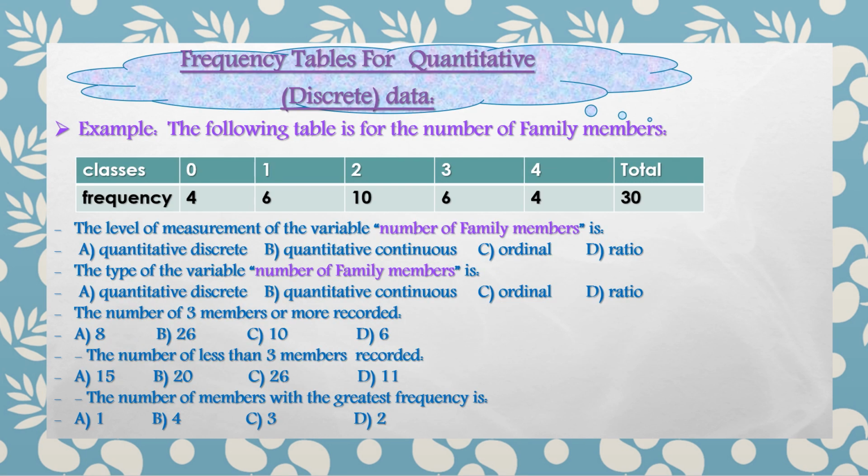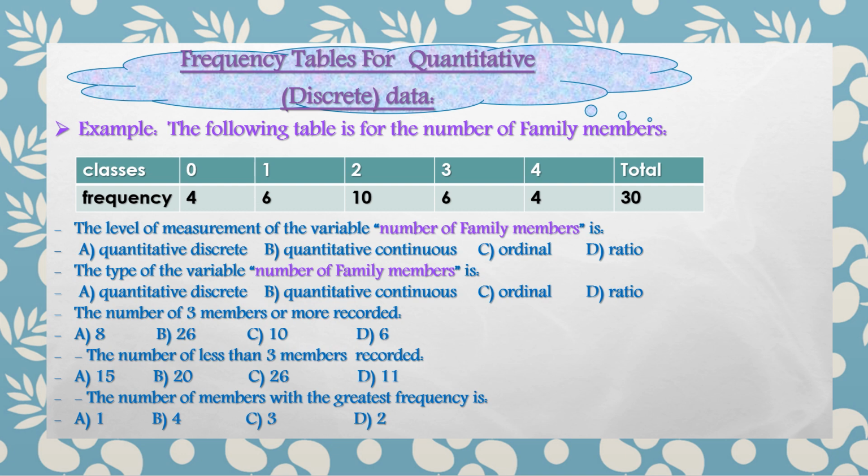Okay, frequency tables for quantitative discrete data. So this is the second type of frequency tables according to the type of the variable. As we just said, we have three types of frequency tables according to types of variables: frequency tables for qualitative variables, frequency tables for quantitative discrete variables, and frequency tables for continuous variables. In this example, the following table is for the number of family members.